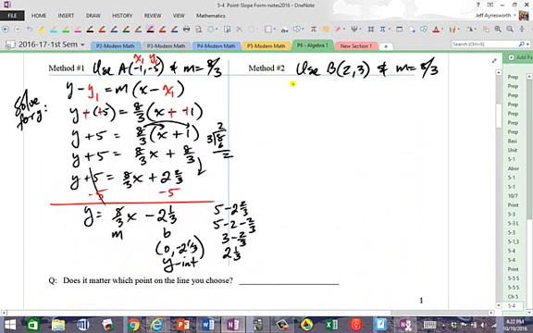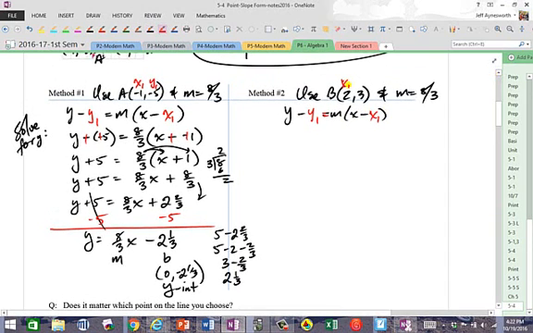Okay, so we have y minus y1 is equal to the slope times x minus x1. This time, though, x1, y1 is different, so I'm going to substitute a little bit differently. y minus the y coordinate of 3 is equal to 8/3 times x minus the x coordinate of 2. Now I need to distribute through.